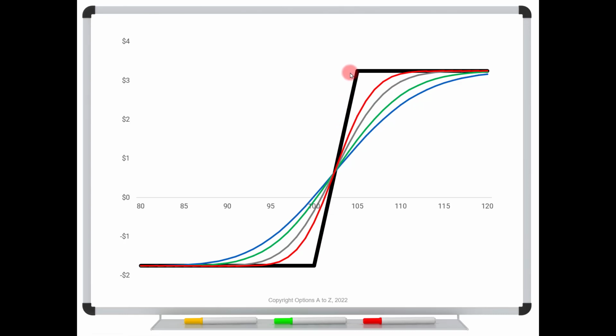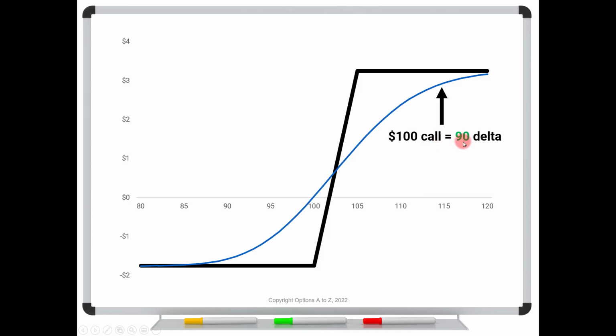But when you're talking about spread deltas, you're looking at the net for any of these curves. And it could actually even be for the expiration graph. It's just that those happen to be easy. The difficulty and the confusion comes in with the current curve. So let's say that the stock is way up here, maybe close to 115. Yes, your $100 call might have a plus 90 delta. And so this is where traders look and they say, I don't understand.